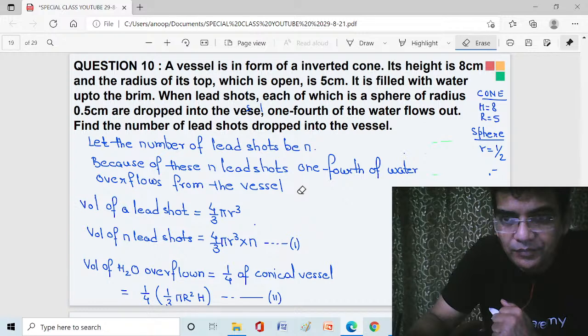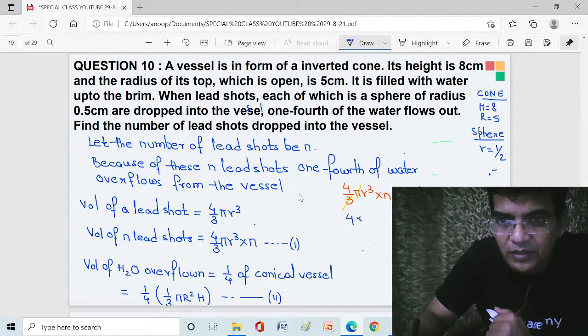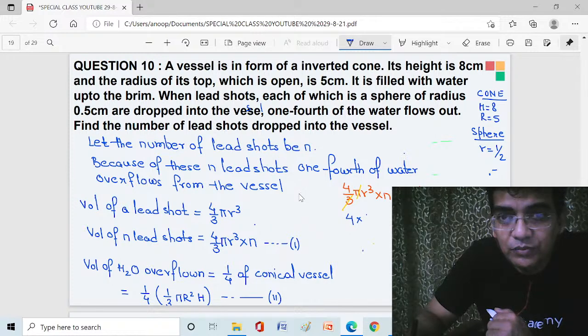On the left side we have 4 into r, this r is for the sphere. So the sphere radius is 1/2. So this will be 1 by 2 into 1 by 2 into 1 by 2 into n.